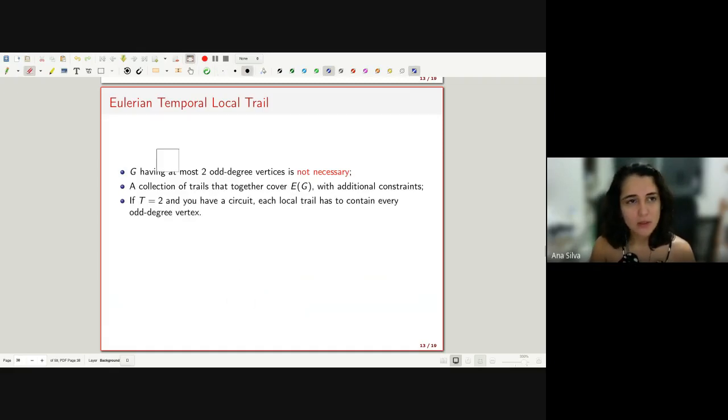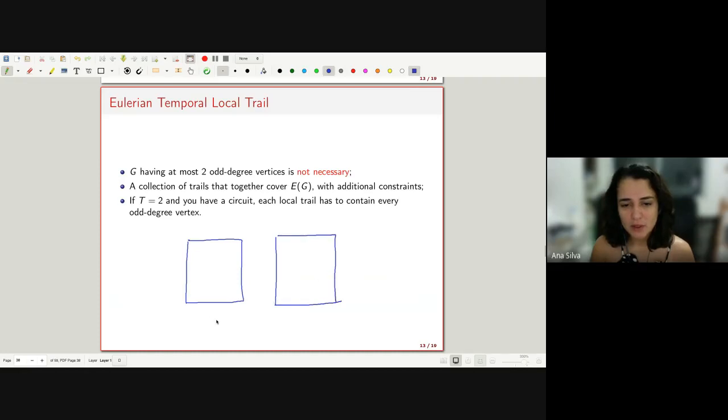Another more important observation is this one: if you consider a graph with lifetime 2, and you have a circuit, which means that you start and finish in the same vertex, so you started at vertex U, finished in a vertex V, and then you started in V and go back to U, so it's closed.